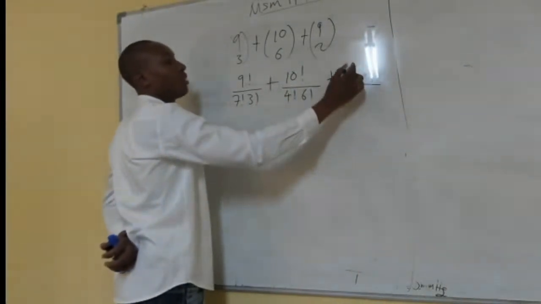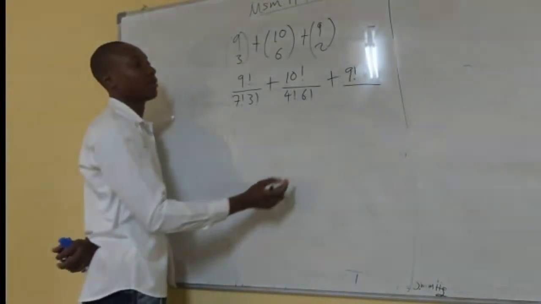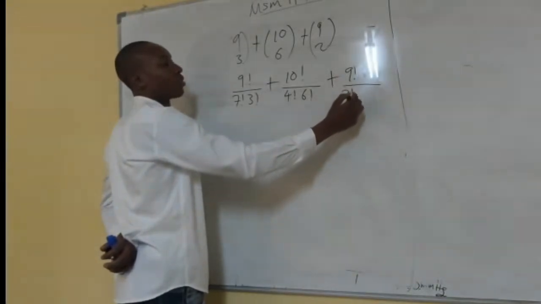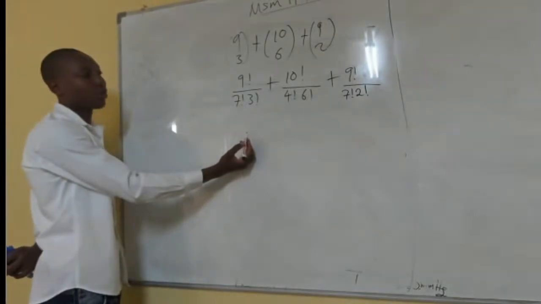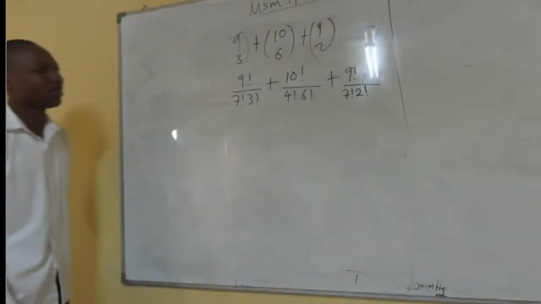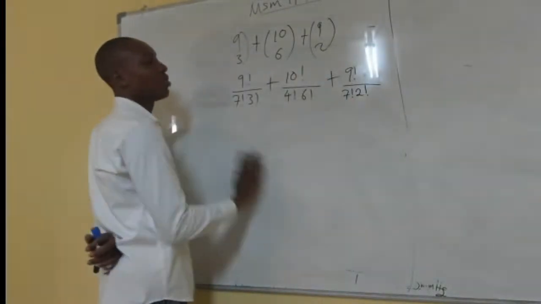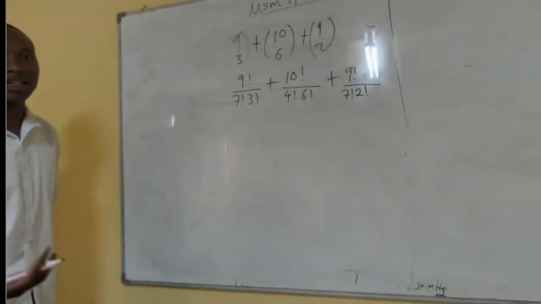Okay, so 9 factorial over 7 factorial, 2 factorial. Okay, so from this now, what you need to consider here is what is common. Now remember, I can actually write this to make sure that everything there reflects something that is common.